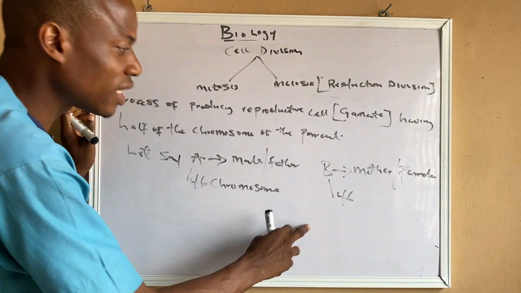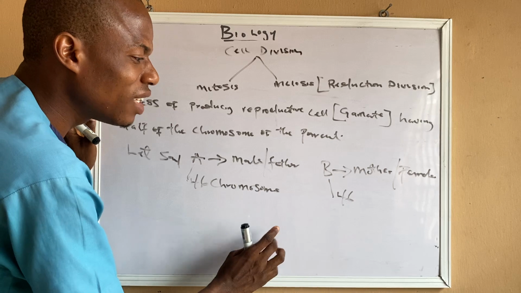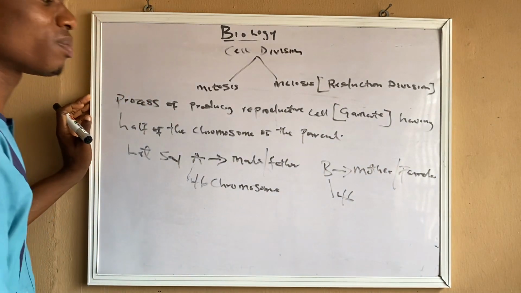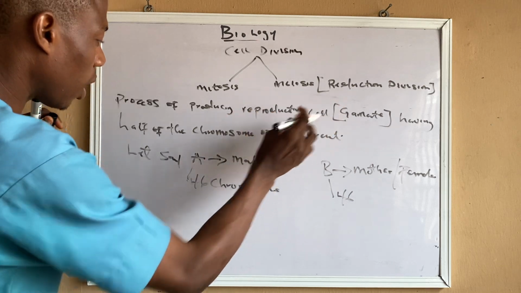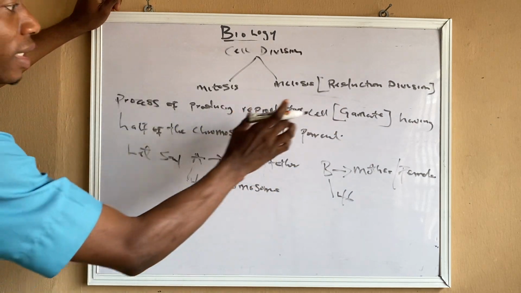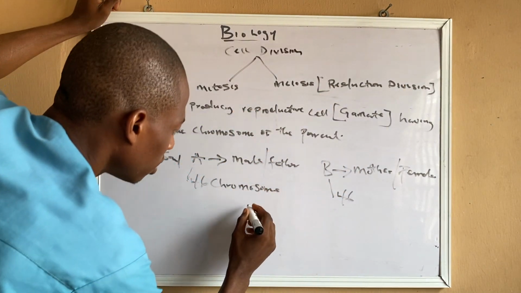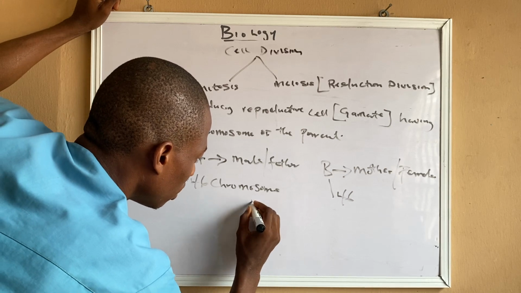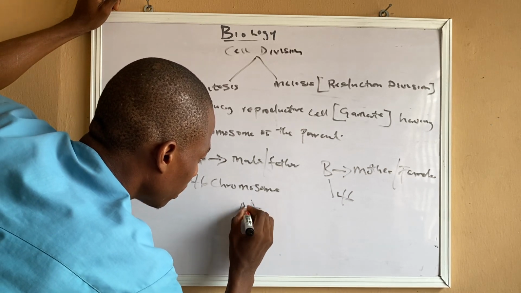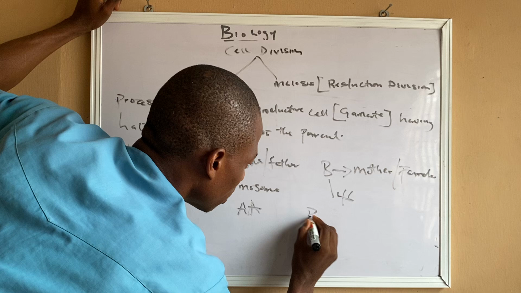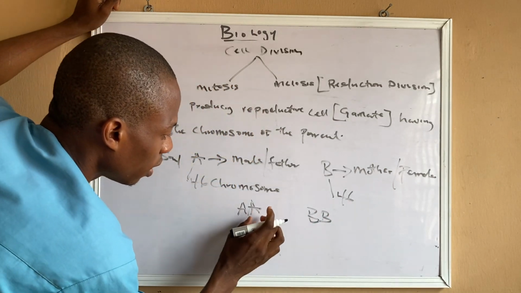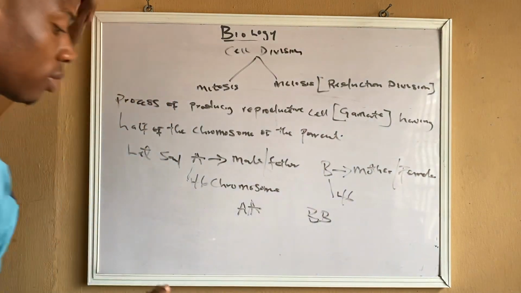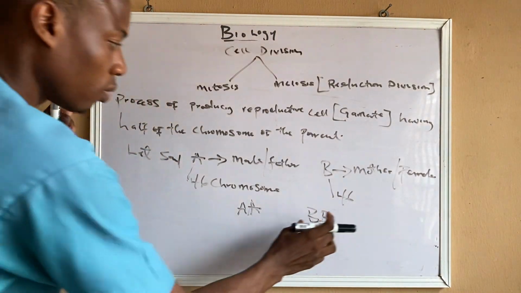That means such a person will have a different syndrome. So that's the reason why the division. Let's say AA and BB, A for the man and B for the woman.